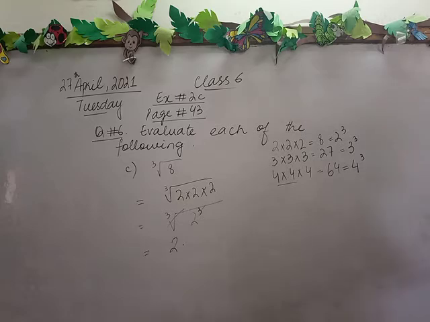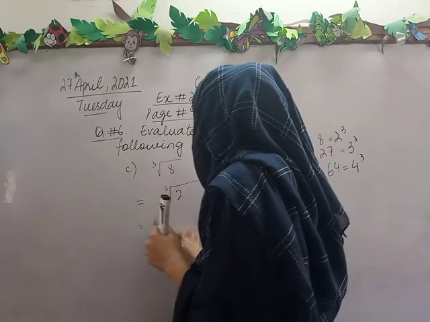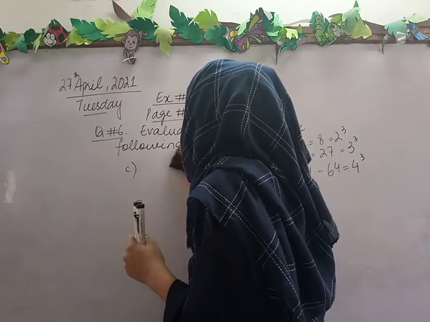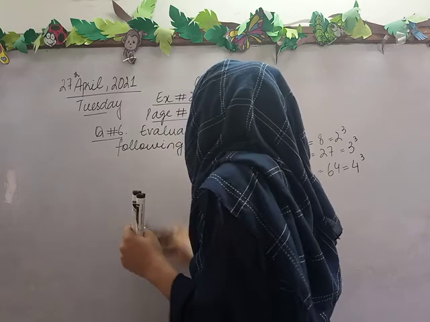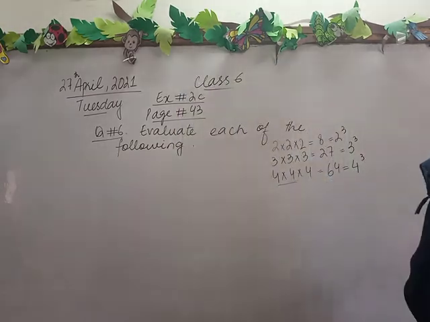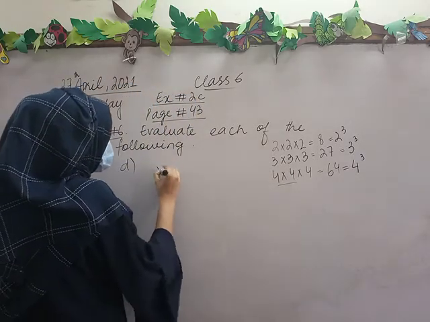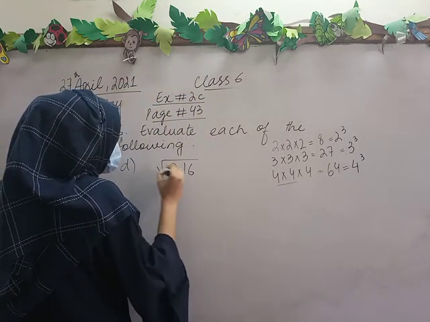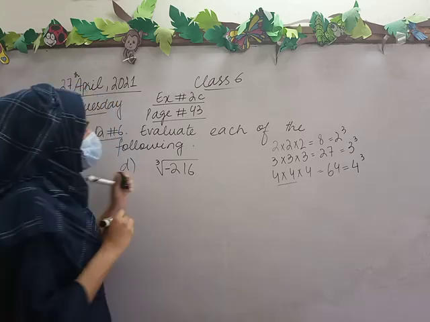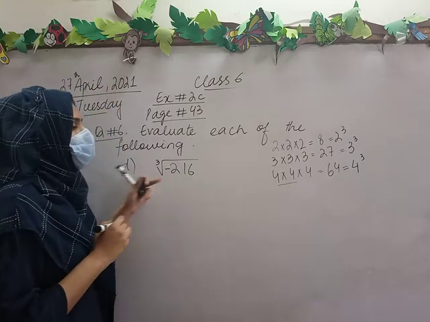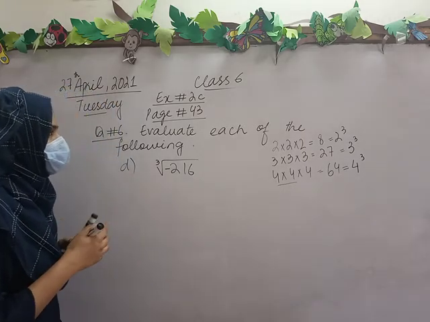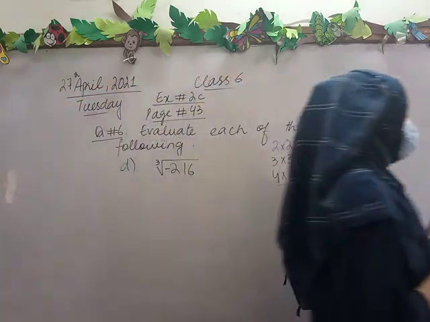Now I will take another part, which is D. Just listen to me very carefully. Cube root of minus 216.